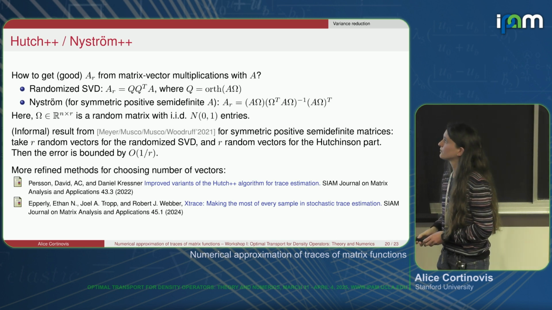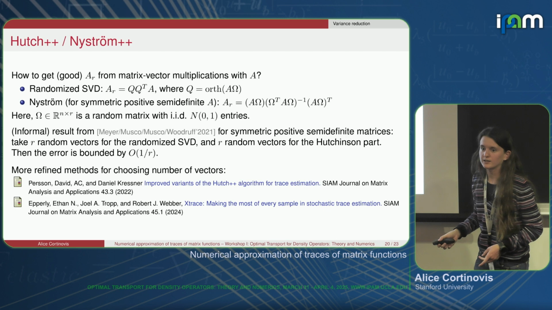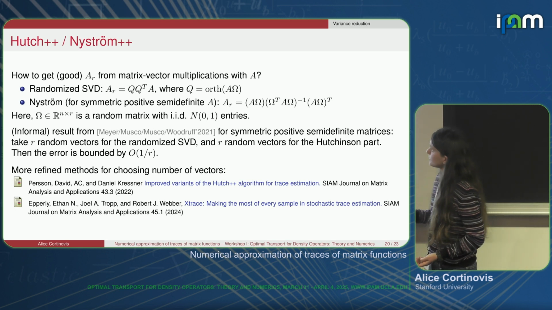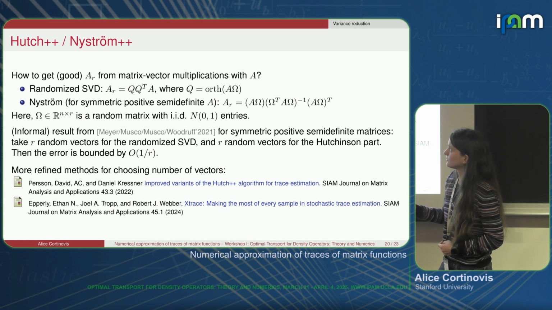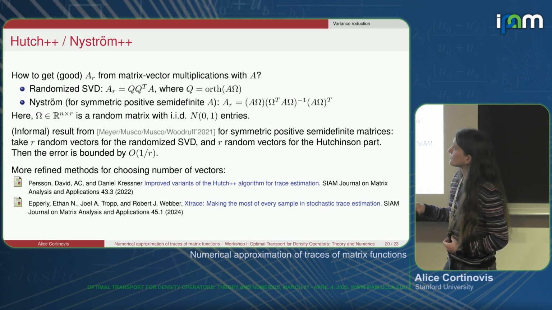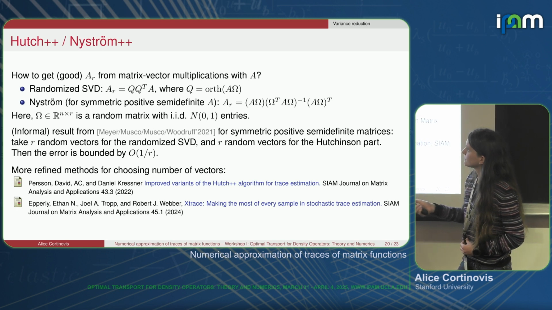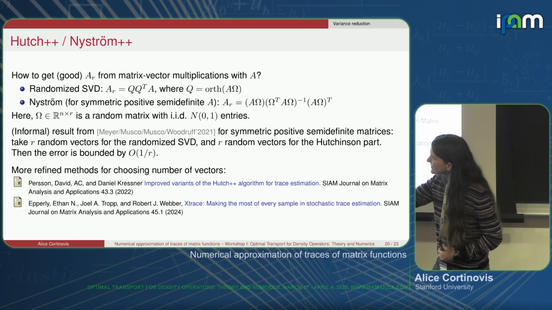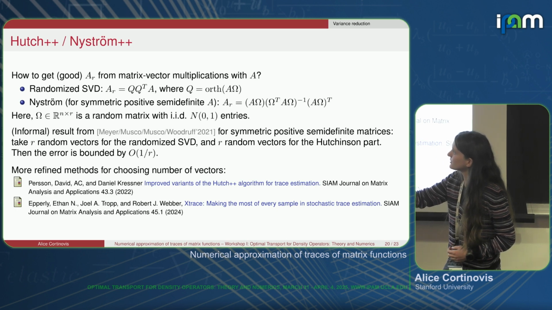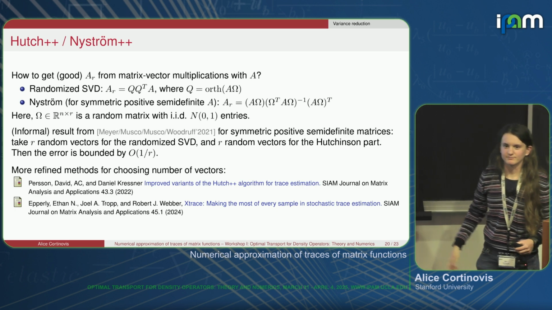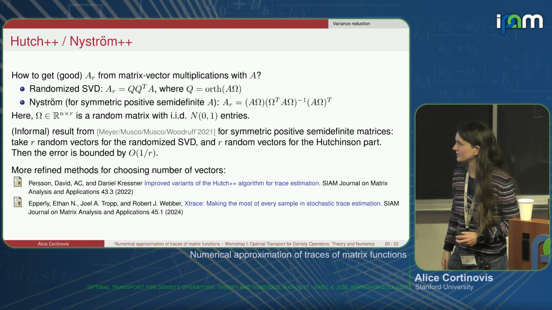One thing you can do is to compute a randomized low-rank approximation of the matrix. For example, one way to do this is by the randomized SVD. This means that you take some random matrix omega, for example filled with i.i.d. Gaussian entries.